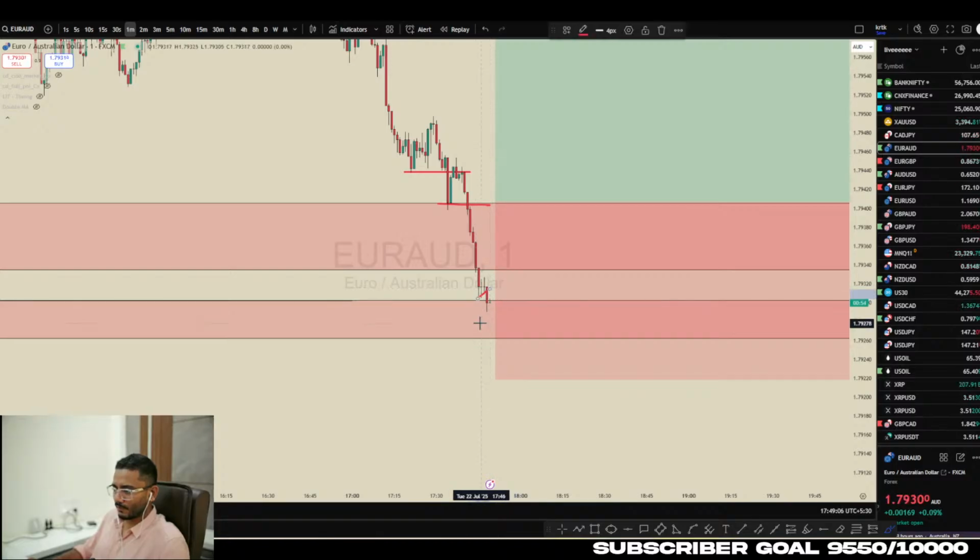Here, price created liquidity, and if this breaks, then I'll look for buy side entry here.